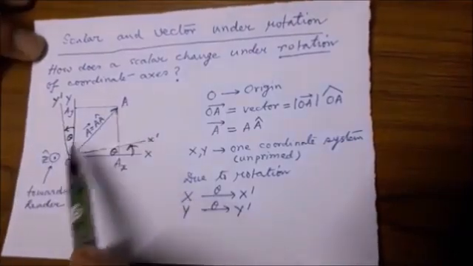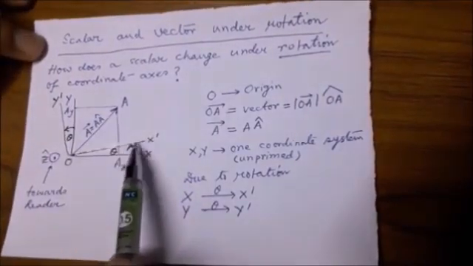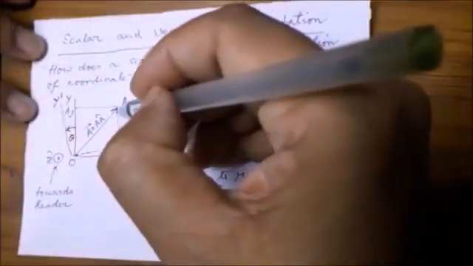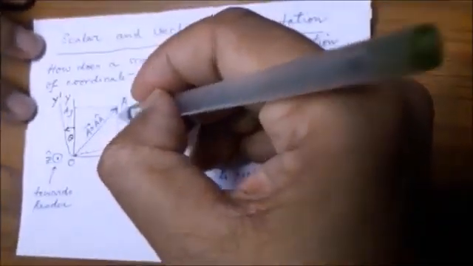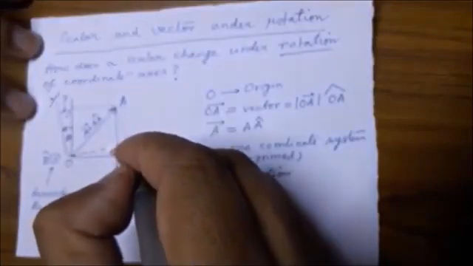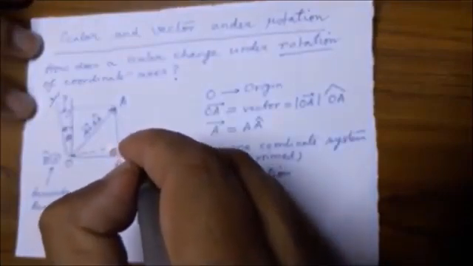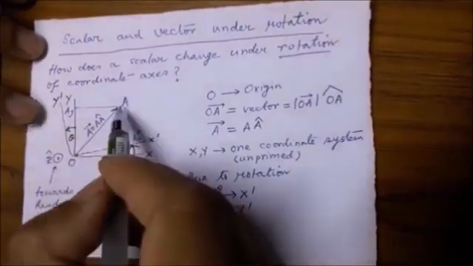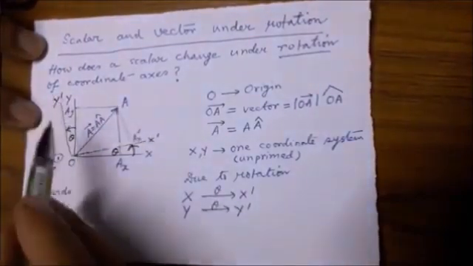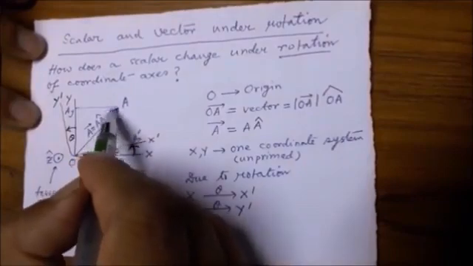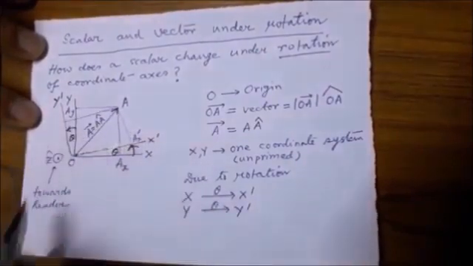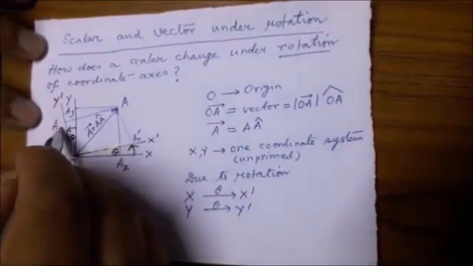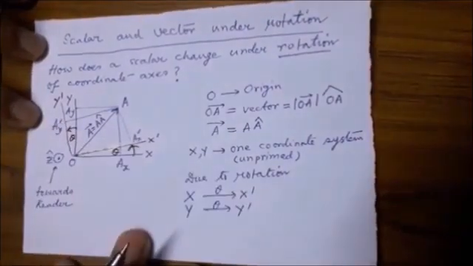Now the projection of OA on x prime axis is of this amount, and say this is AX prime, and the projection of OA on y prime axis is of this amount, which let us call AY prime.